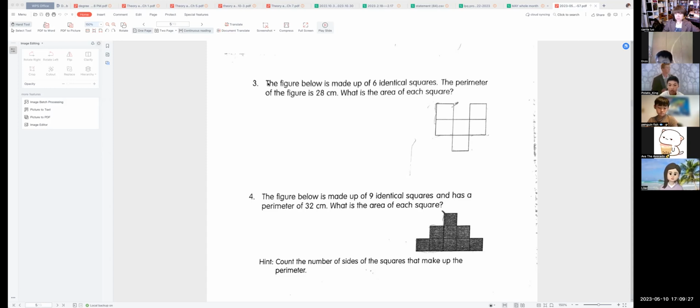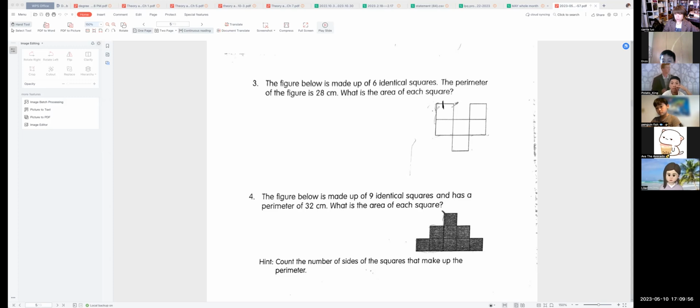The figure below is made up of 6 identical squares. Everybody, what does identical mean? Same. Very good. Identical means same. So 6 identical squares. The perimeter of the figure is 28. 有些小朋友说我就直接28除以6，再除以4。No, because some of them are covered with each other.